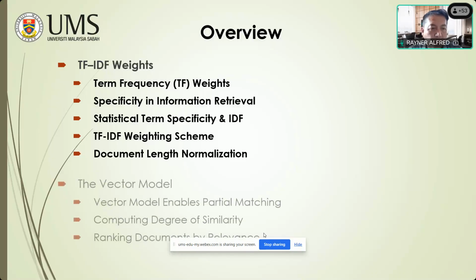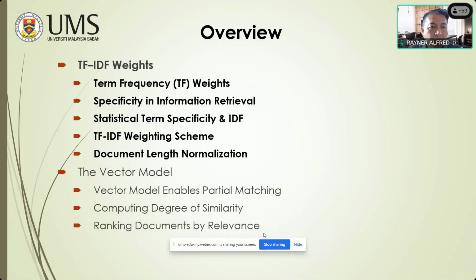And the second part, we will look into the vector model. So based on the idea from TF-IDF, we will continue with the vector model. How do we apply the vector model to quantify the similarity between two documents or between the query and the document.